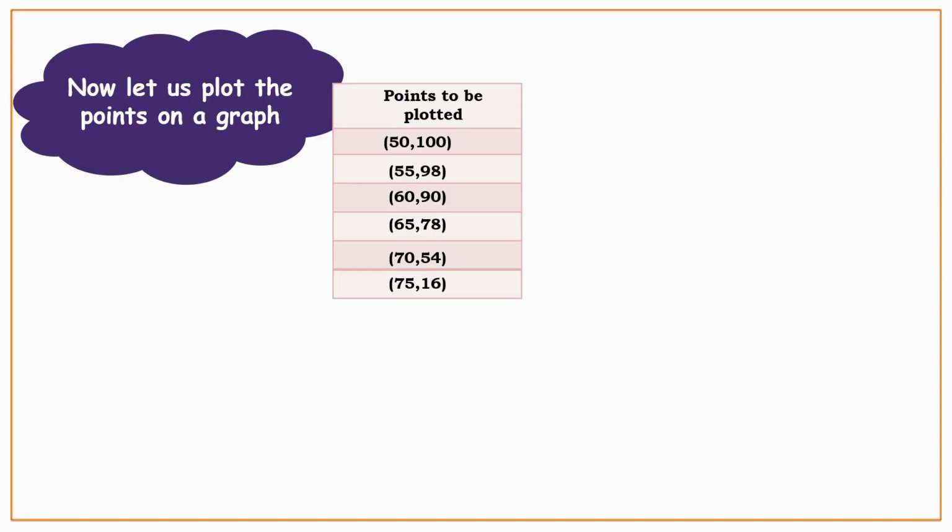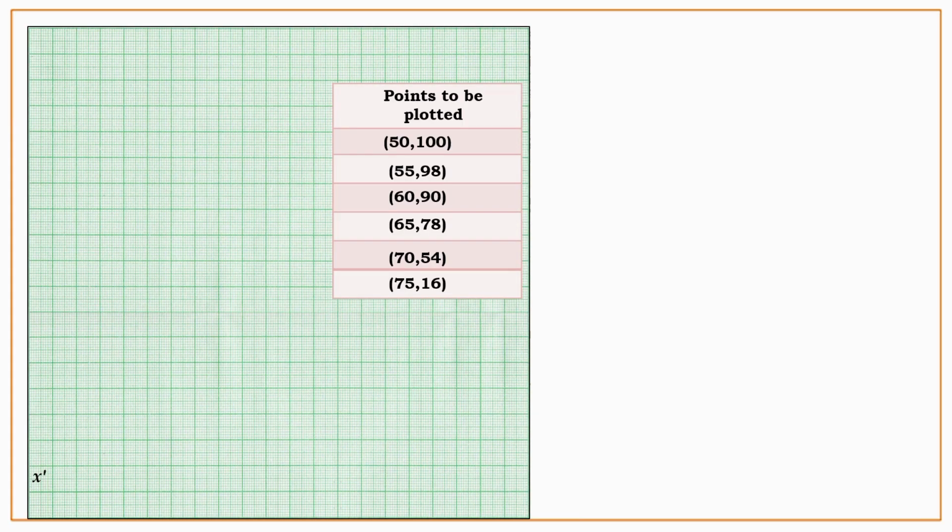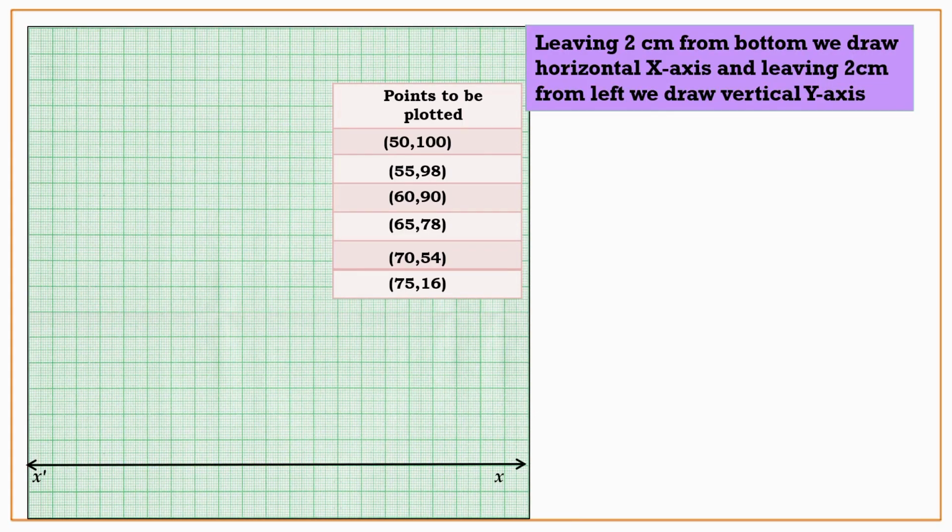Now let us plot the points on the graph. So let's take the graph. Now take the x-axis. Leaving 2 centimeter from the bottom, we draw the horizontal x-axis. And leaving 2 centimeter from the left, we draw the vertical y-axis.